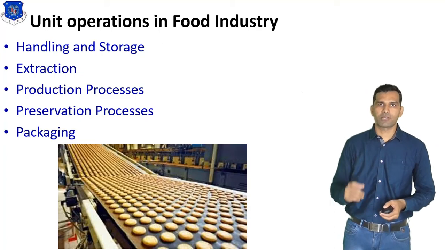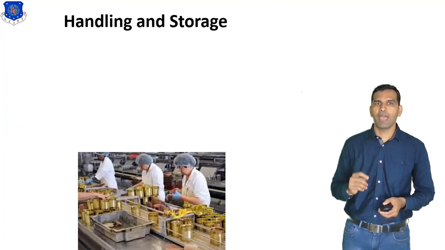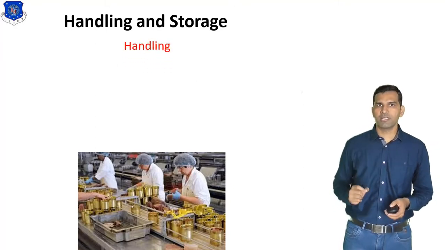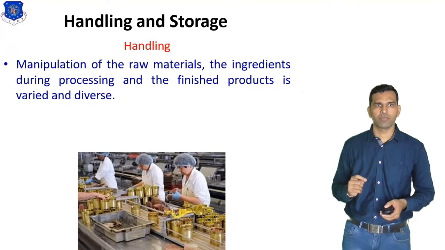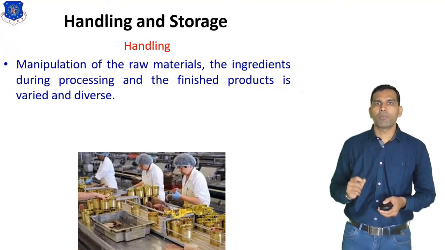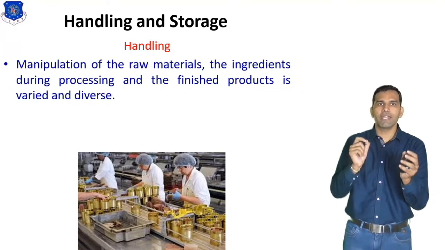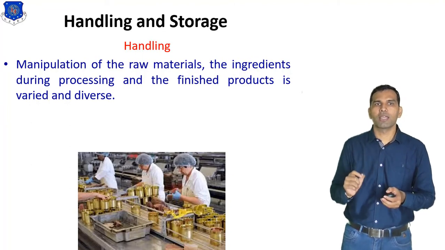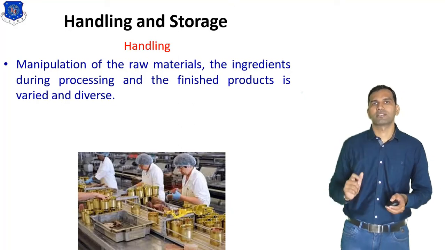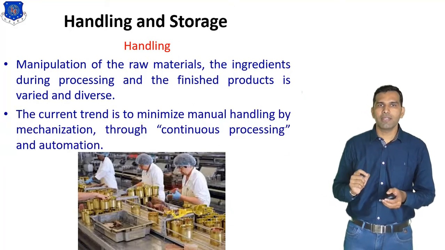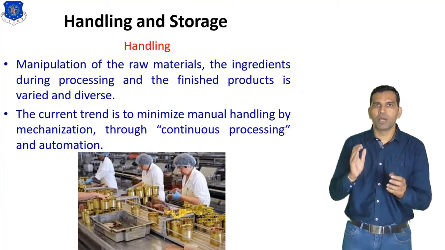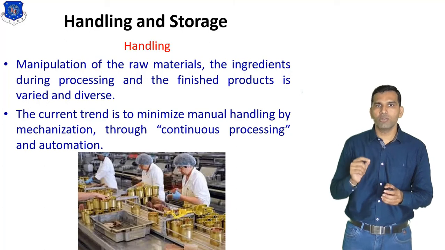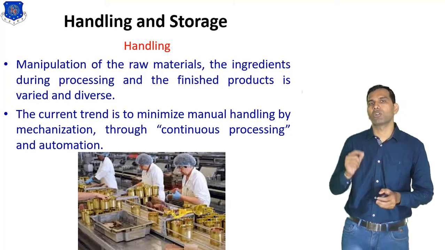Now we start with the first one, the handling and storage. First we discuss the handling. Manipulation of raw materials, the ingredients during processing and the finished product is varied and diverse. The current trend is to minimize manual handling by mechanization through continuous processing and automation.